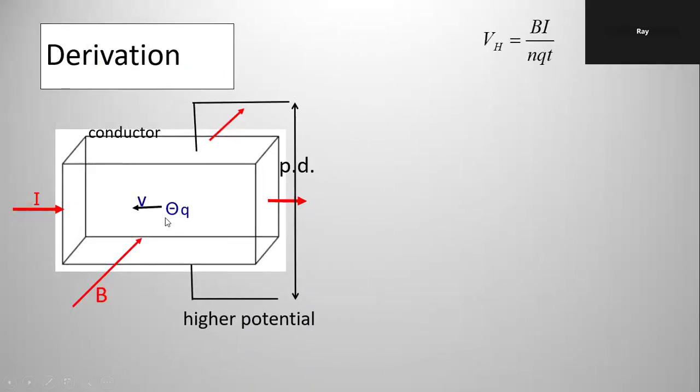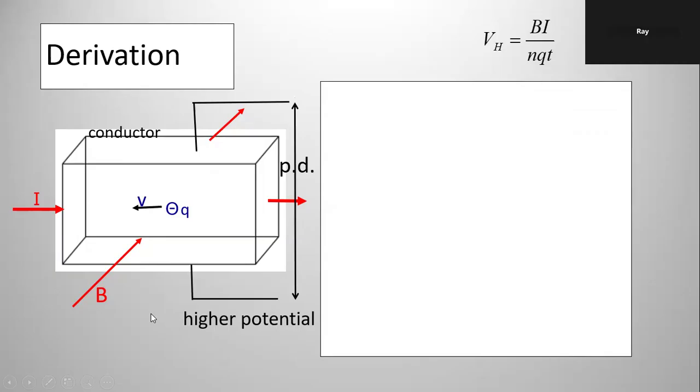If you look at the electron, what are the forces acting? There's a magnetic force, BQV, outwards.